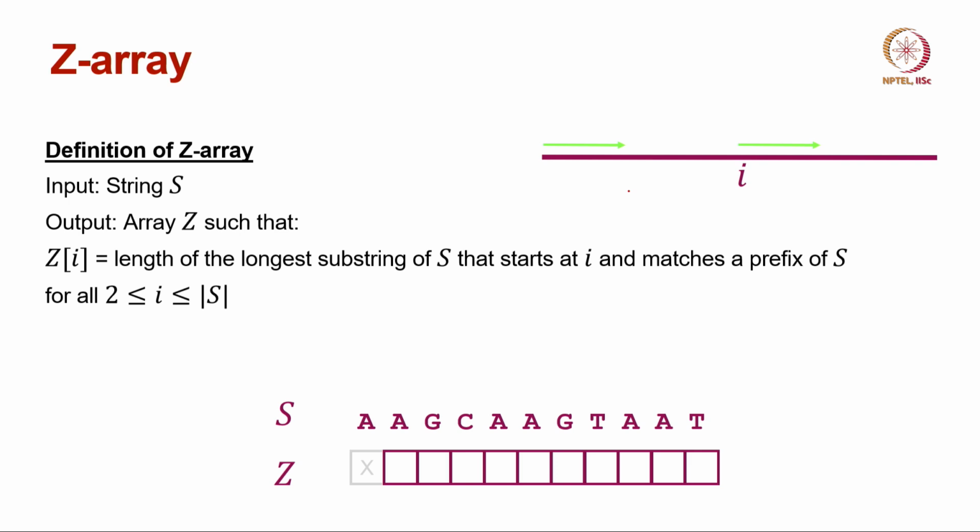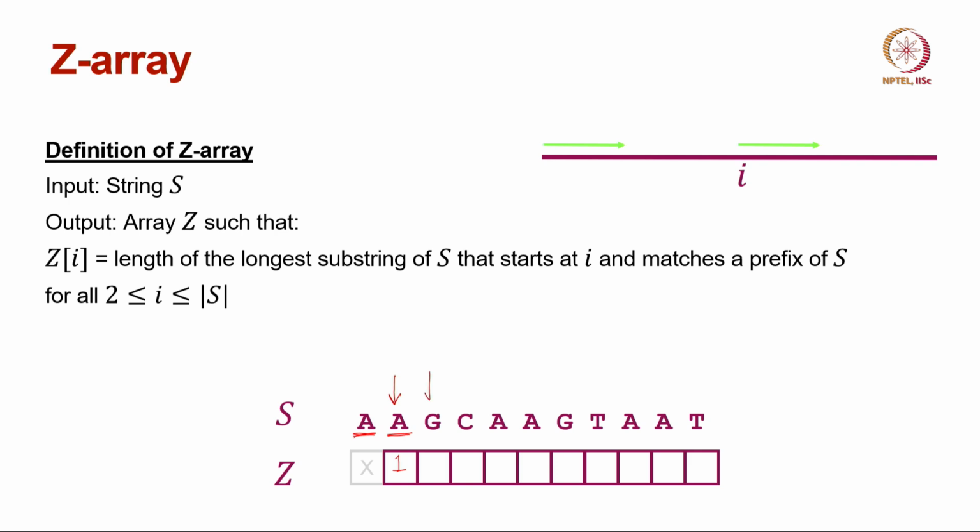So let us see what is the longest substring that starts at position 2 and matches the prefix of S. In this case, you will notice that the longest substring that starts at this position is of length 1, because only the string of length 1, that is A, matches the prefix of S, which is A. So the substring of length 1 matches a prefix of S in this case.